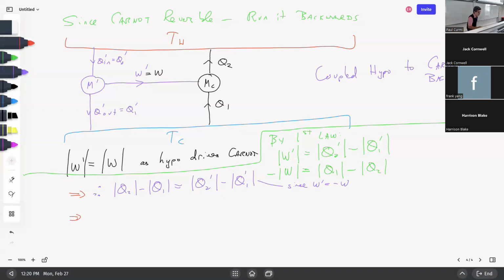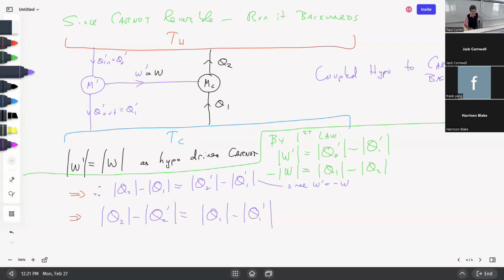So once I get that, I get the following equation. I get that Q2 minus Q2 dashed is equal to Q1 minus Q1 dashed. Okay?